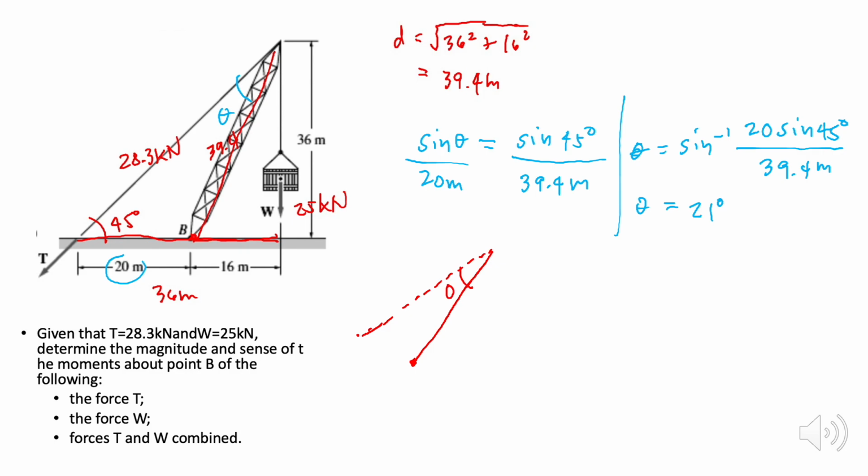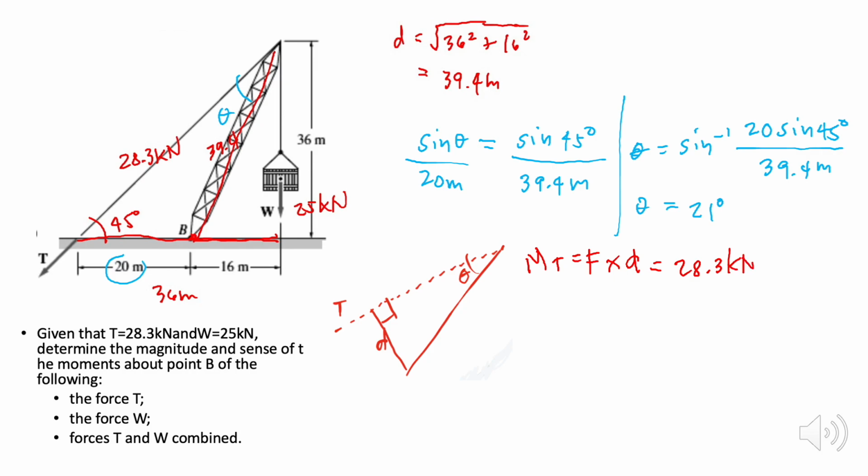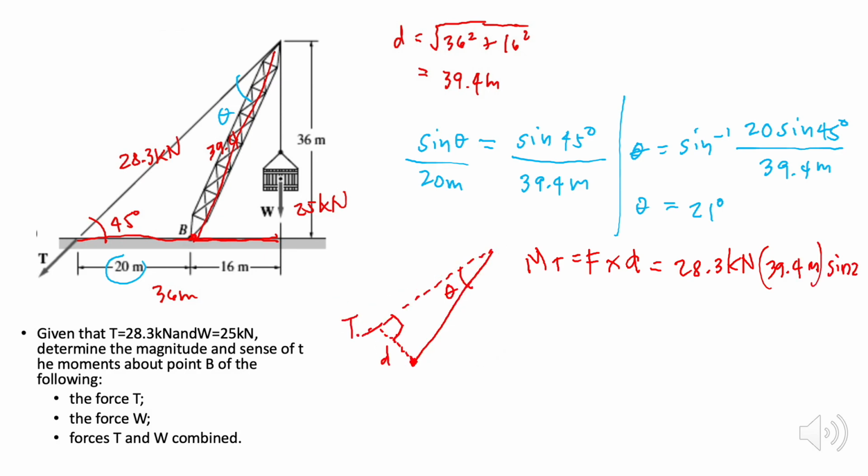Okay, and this is angle theta, and this is the perpendicular distance, let's call this D, with this angle, with this line of action T. So this is T. Okay, so to get MT, that is F times D, which is equal to 28.3 kilonewtons times 39.4 meters sine of 21 degrees.